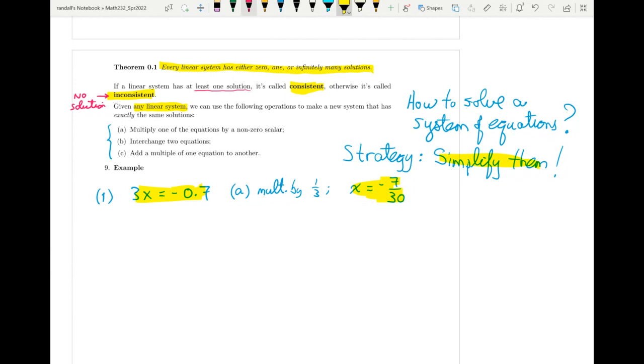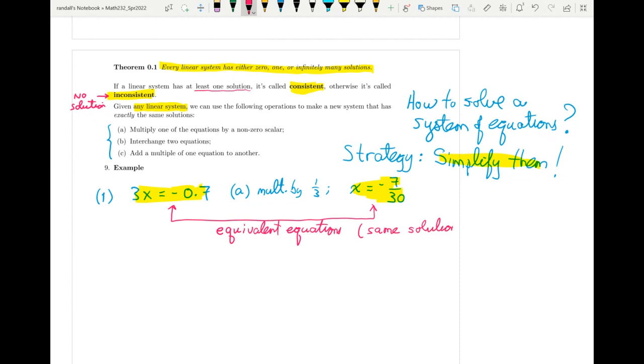Now I'm going to also introduce some terminology here that we'll use later. So this equation and this equation are two different equations, but they have the same solution, so we call them equivalent equations. Now this is defined in the text, so I'll just write out parenthetically what it means. They have the same solution set.